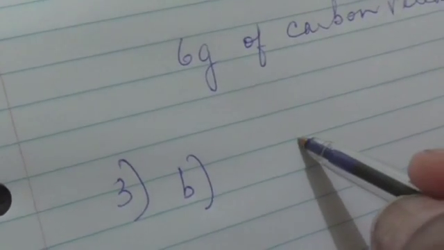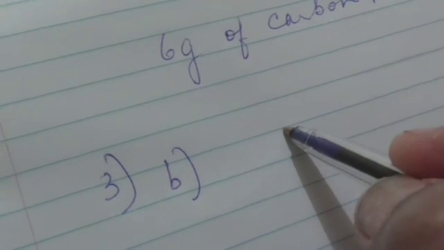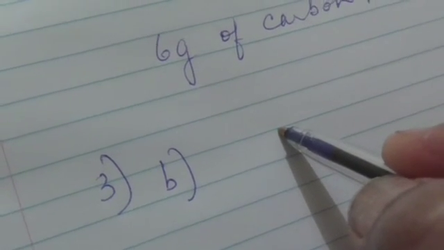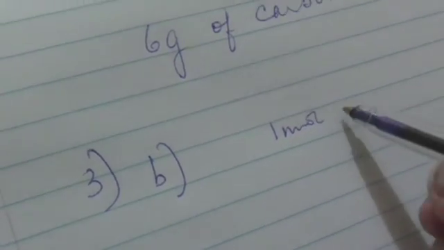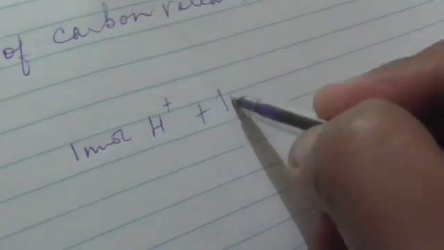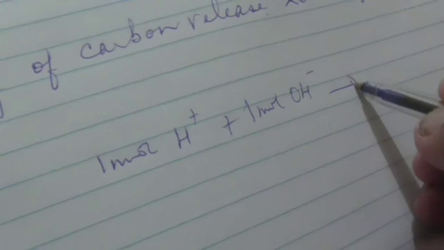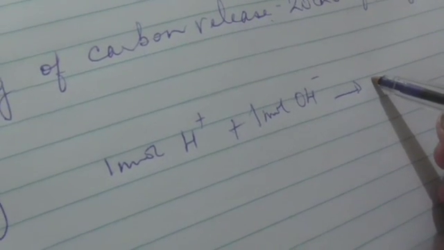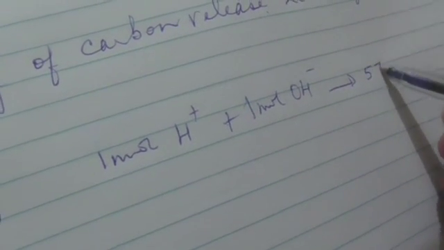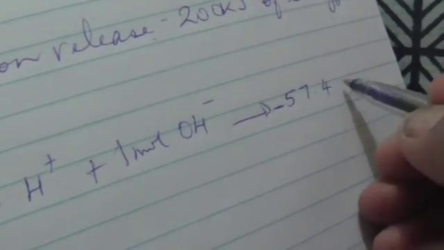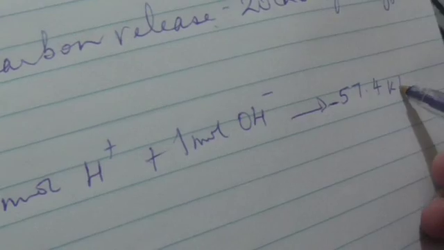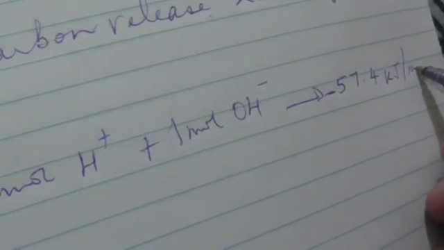Okay, so from the equation we know that 1 mole of H plus reacts with 1 mole of OH minus ions and releases 57.4, which releases, so that's a negative sign, 57.4 kilojoule per mole.